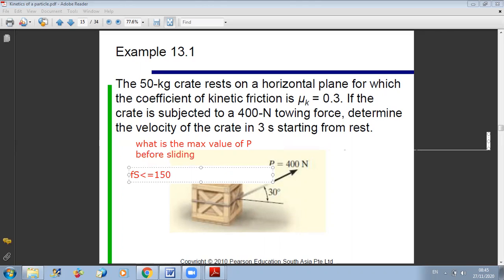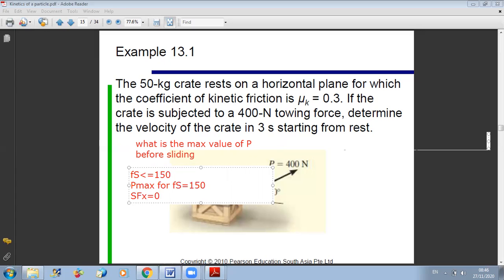So if you want the critical case, P will be max for Fs equals 150. Then in order to obtain the value of my maximum P, all I have to do is apply that the sum of forces along x should be equal to 0.